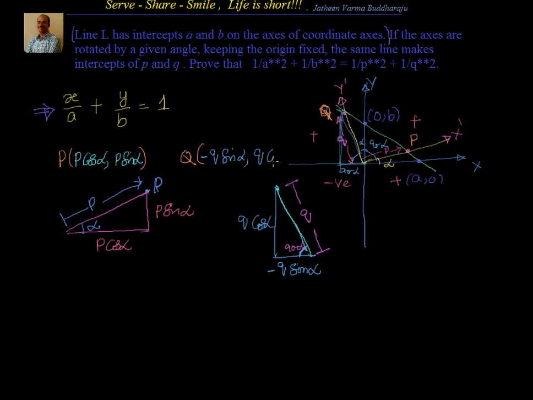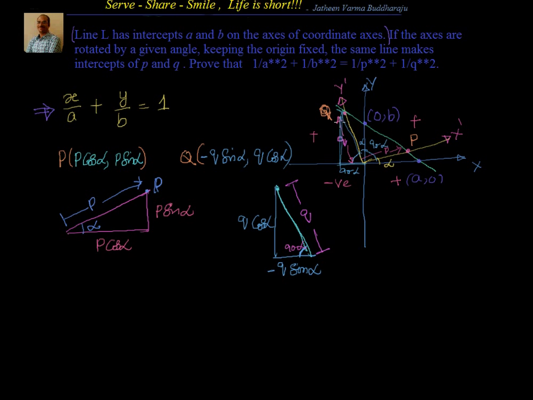So what we found out is very simple. We know a comma b are intercepts when it is x and y coordinate axis. Now we rotated the angle by alpha. The new intercepts are p comma q. So now we have converted those points which are lying on the line when the angles are rotated, okay, are those intercepts.